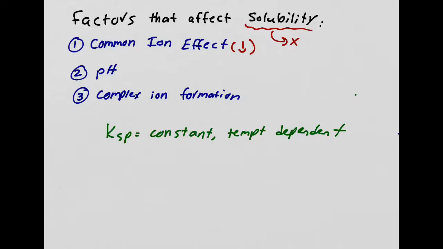Let's just put MX going to M plus A. If I have one of the common ion, doesn't matter which one I have, the equilibrium will shift this way to reach the balance. Le Chatelier's principle. One of these go up, it will shift the other way. So I have more of the solid and less of the ions.